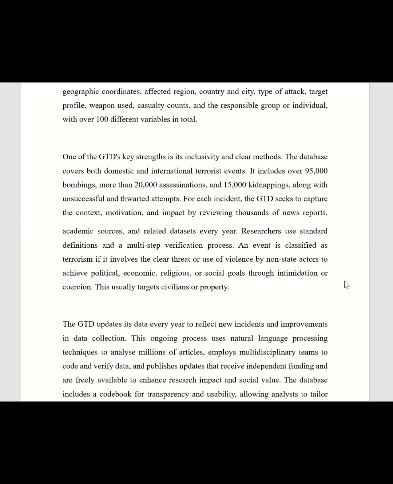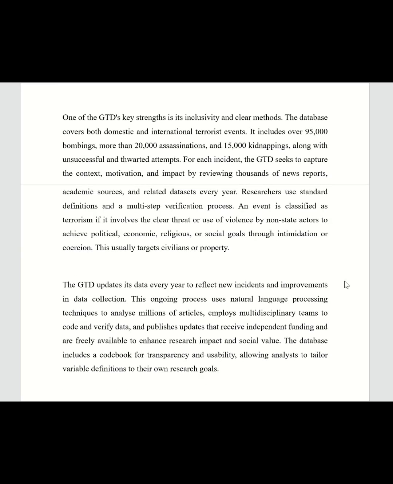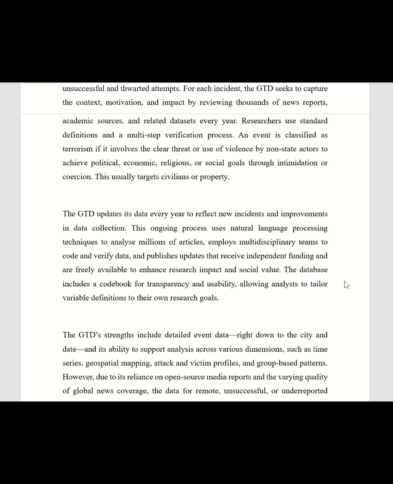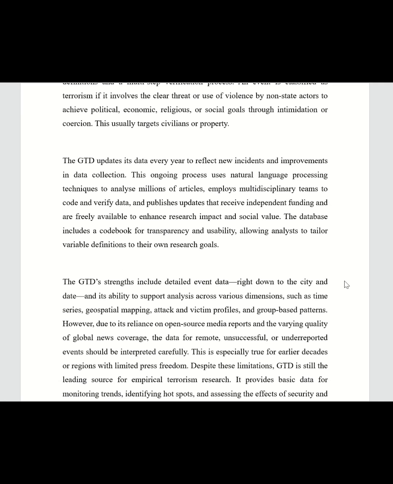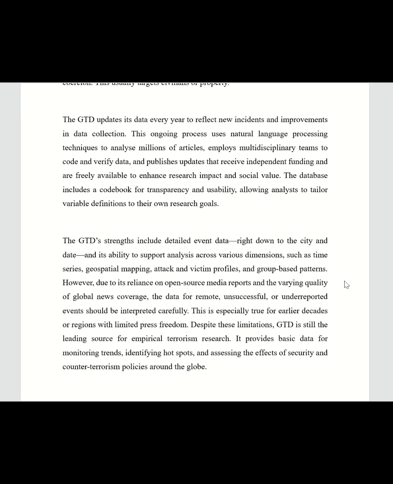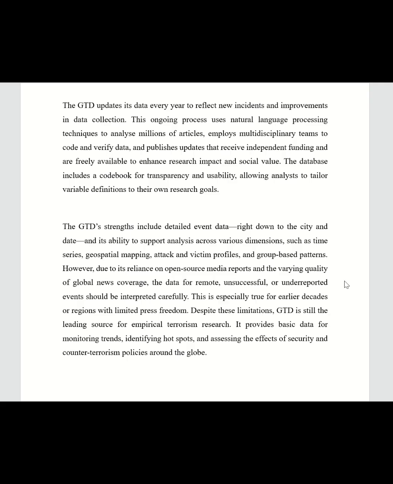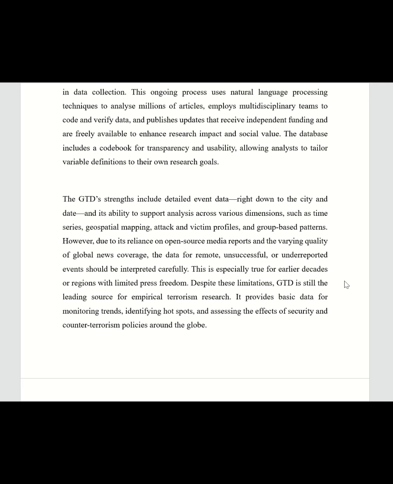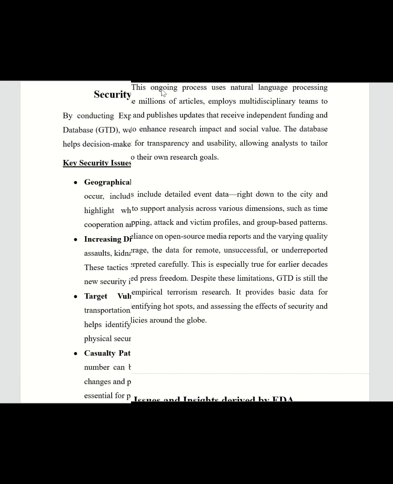The GTD uses AI, human coding and thousands of news and research sources to ensure accuracy. It includes both domestic and international events, from bombings to kidnappings, while some gaps exist due to reliance on media reports. So the GTD remains the most trusted source to study terrorism trends, hotspots, and policy impacts worldwide.